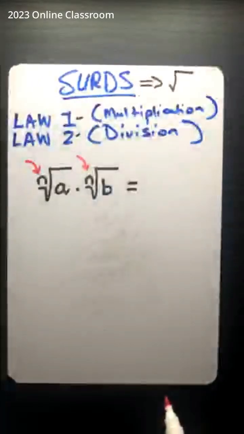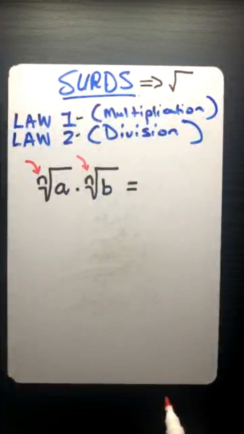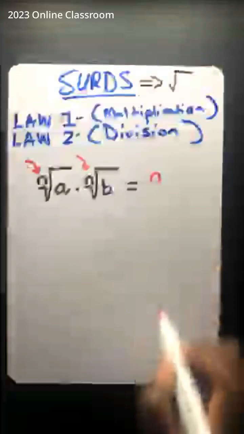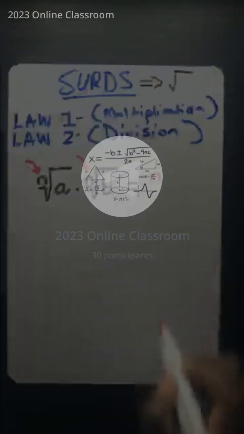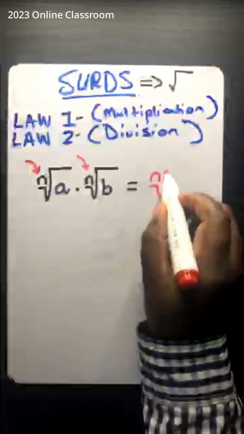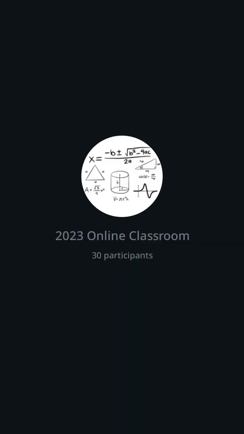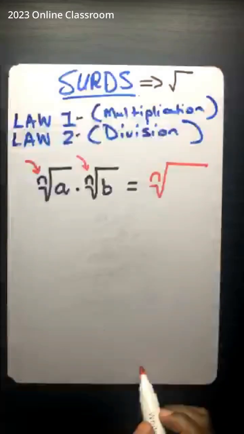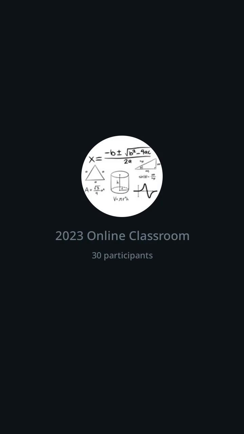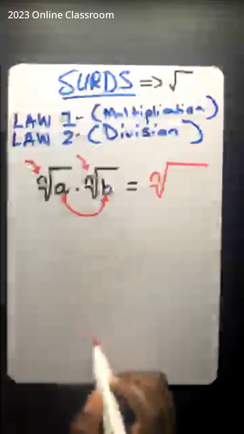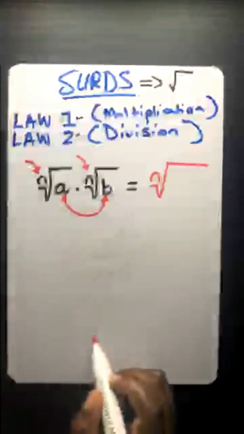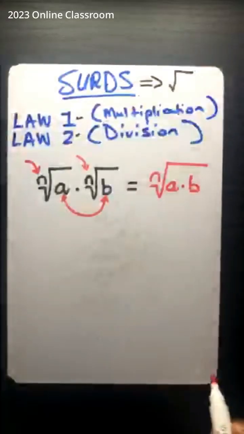Because they are the same, we can represent them by just one tail and say square root of, then multiply whatever is inside, meaning we have a multiplied by b.